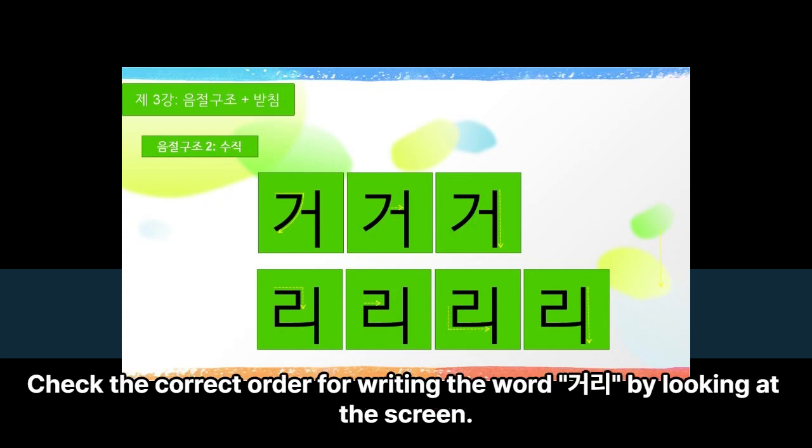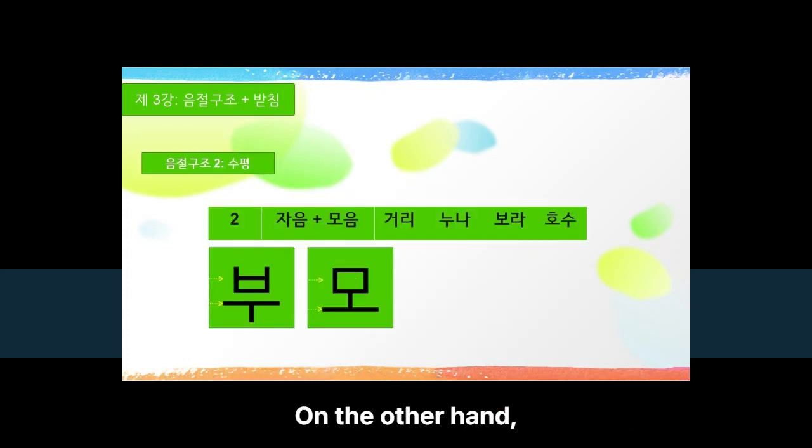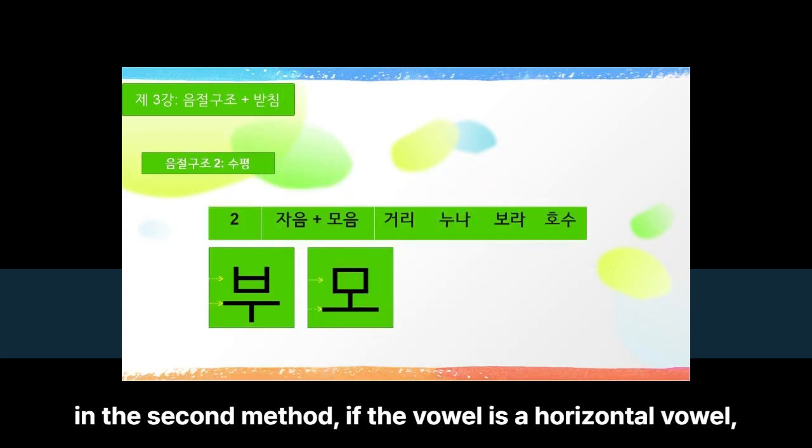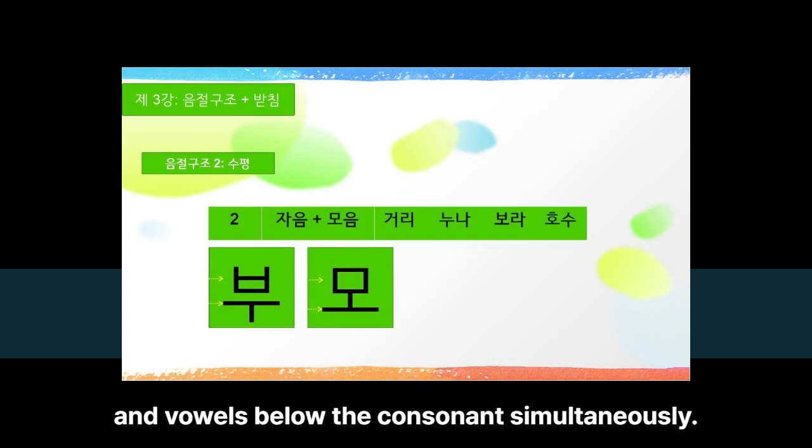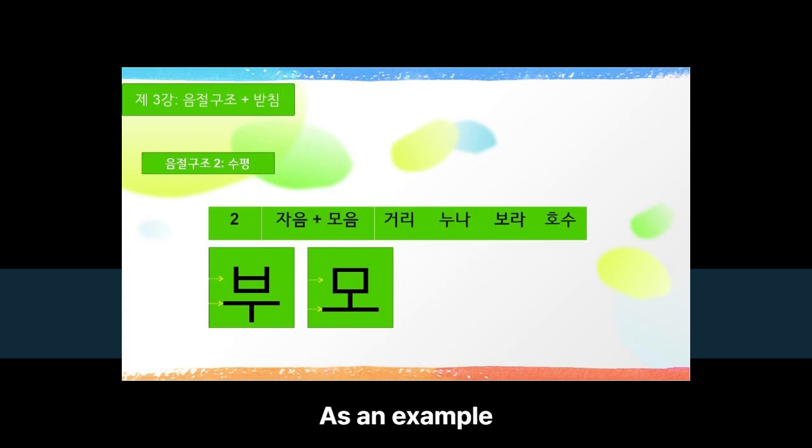Check the correct order for writing the word, guri, by looking at the screen. On the other hand, in the second method, if the vowel is a horizontal vowel, you should have consonants above the horizontal vowel and vowels below the consonant simultaneously. As an example, let's consider the word, buemo.